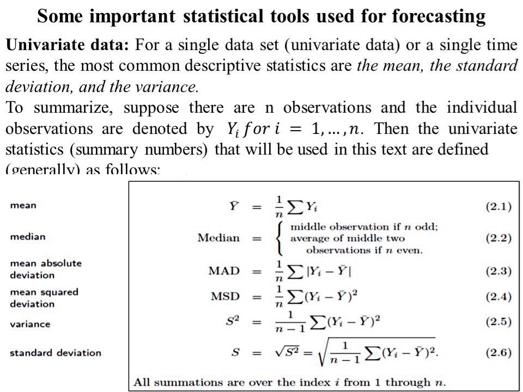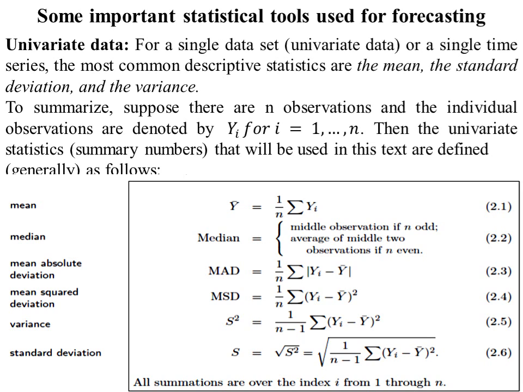If it is odd, it is the middle observation, but if it is even, it is the average of the middle two observations. And mode is the most frequent observation in the data, but we will not use it in the course, so we didn't write it.